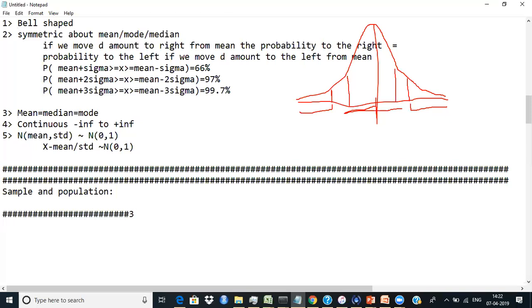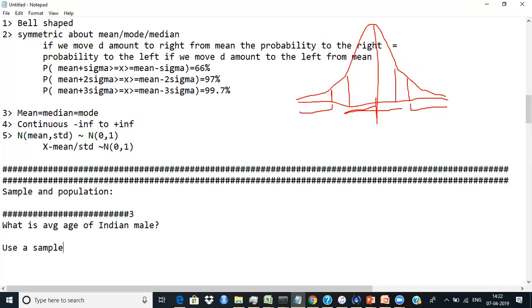So my question is, what is the average age of Indian males? Now, when I say average age, I mean the average age of the population, right? How do you go about calculating this average age? You will use a sample.